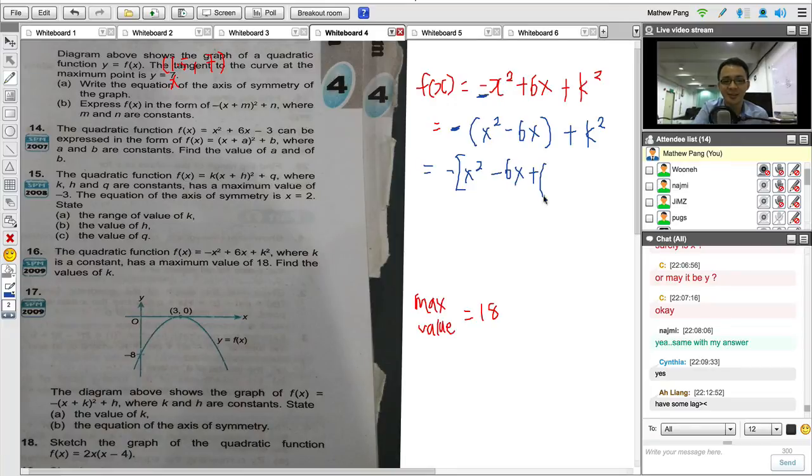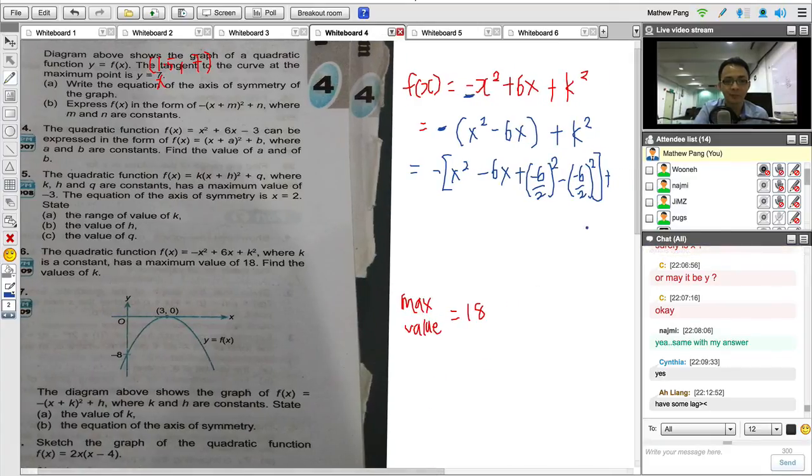Then we have plus (b over 2) squared, which is (-6 divided by 2) squared, minus the same thing, (-6 over 2) squared, close the bracket, plus k squared.